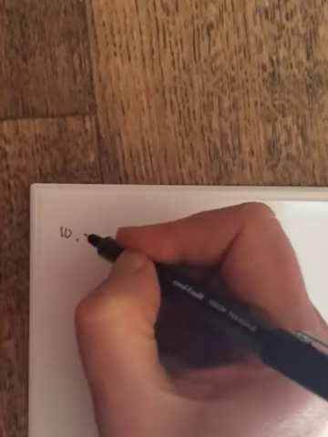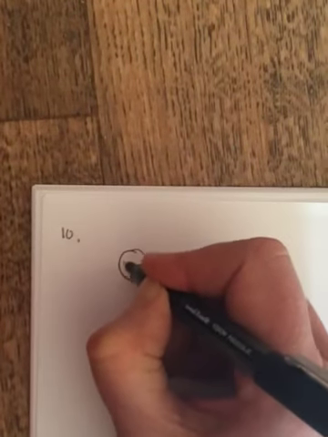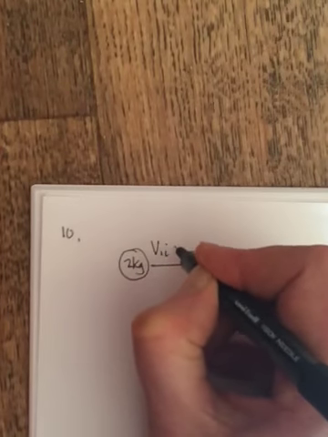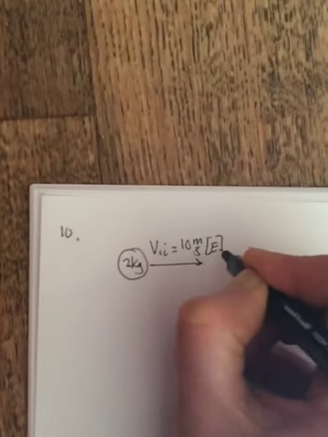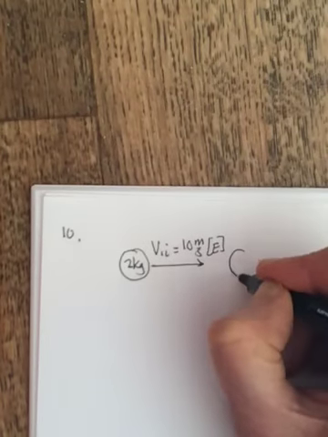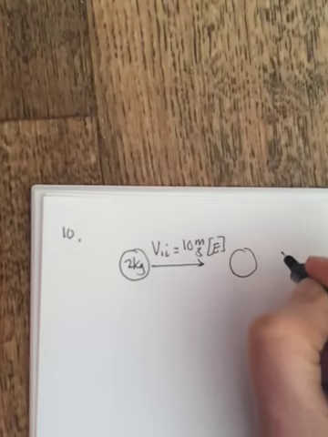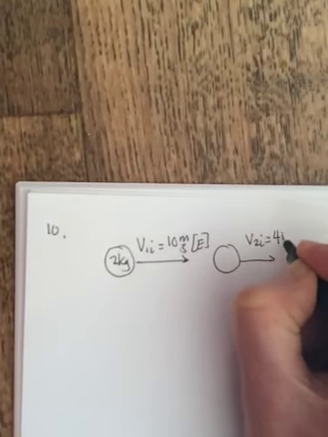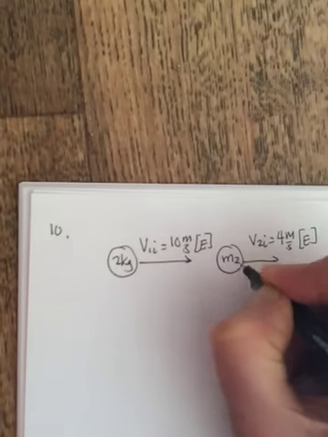Number 10 says, a red ball of mass 2 kilograms is moving east. So M1 is 2 kilograms, and V1 initial is 10 meters per second east. It collides with a blue ball that is also traveling east, at a speed of 4 meters per second. So V2I is 4 meters per second east, and I don't tell you M2.